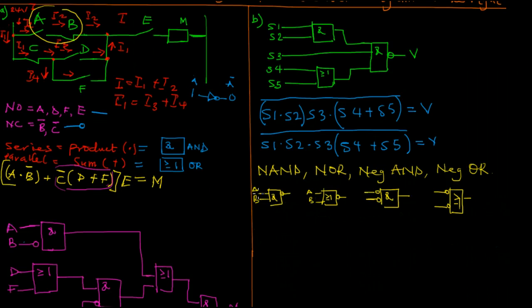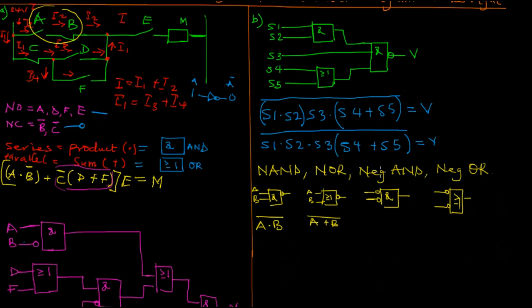Say for instance, this NAND would look like this: A dot, which is the AND, B, with the whole thing barred. This NOR would look like A plus B, with the whole thing barred, and that's because the output here is barred. Remember what we did here, everything here is barred because of this output.